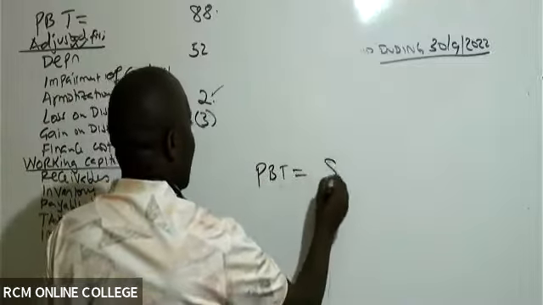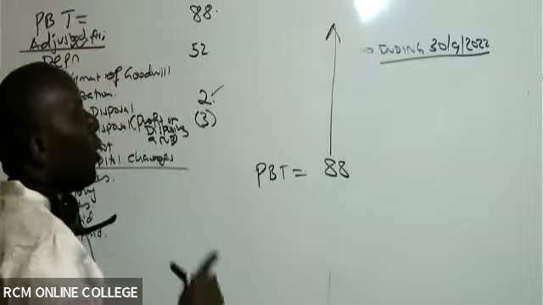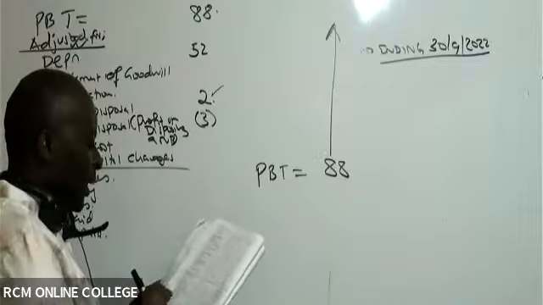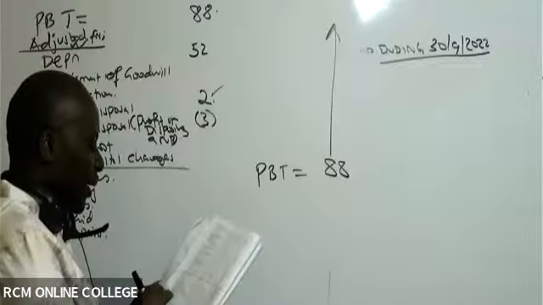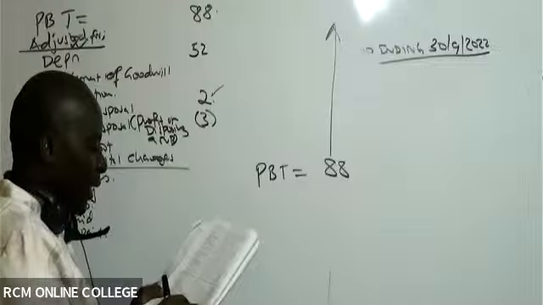Profit before tax is 88. Now you look north, you look up for any non-operational item. I can see the first one there, profit before tax, we have 88 there, right?